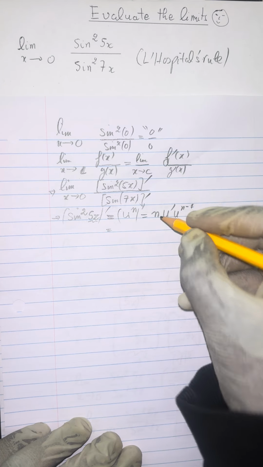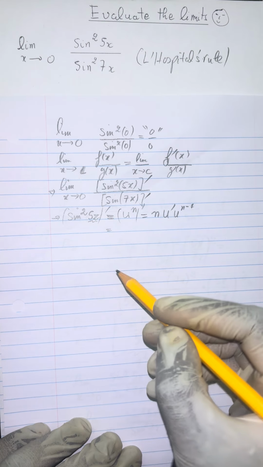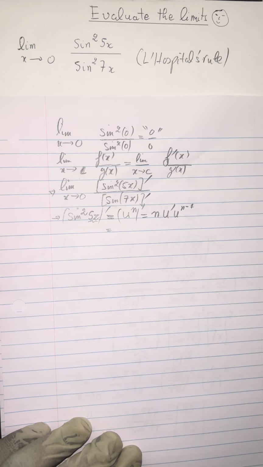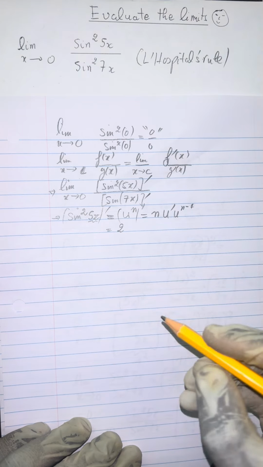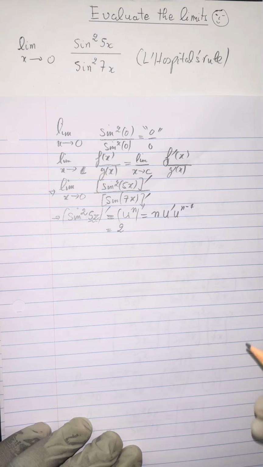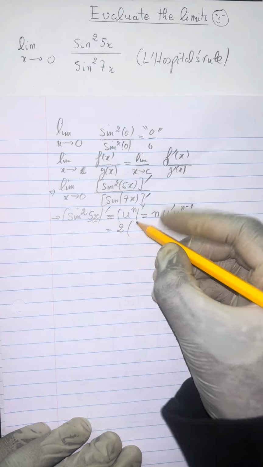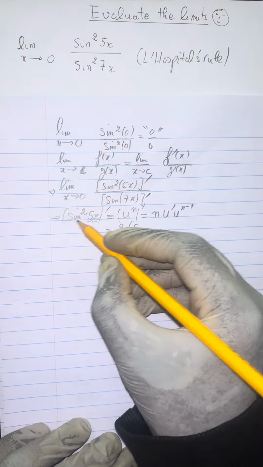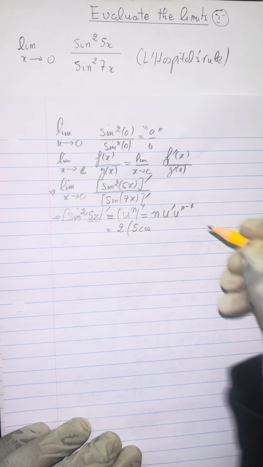Let's start with the n. Our n is 2, because sine squared of 5x is the same thing as sine of 5x squared. So n is 2, and then u prime, which is the derivative of sine 5x. This is where we also apply the chain rule. That's going to be the derivative of 5x, which is 5, and then the derivative of sine of x, which is cos of x.